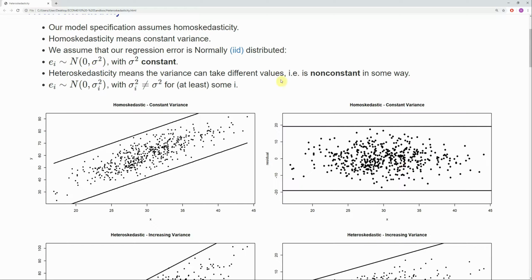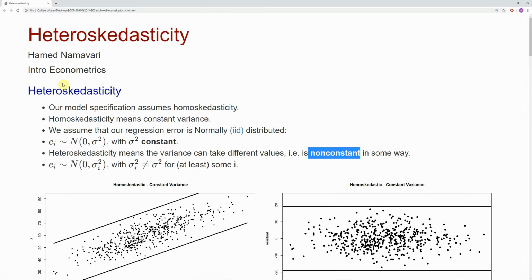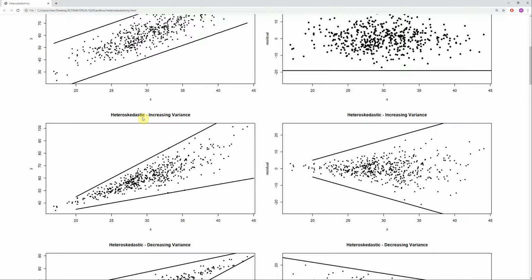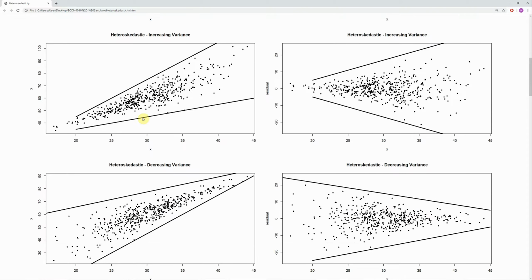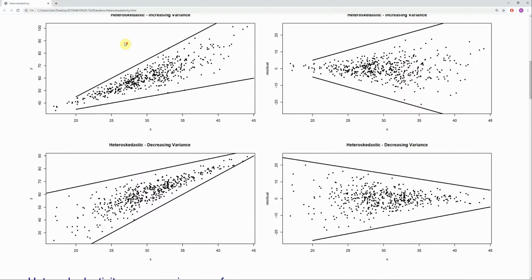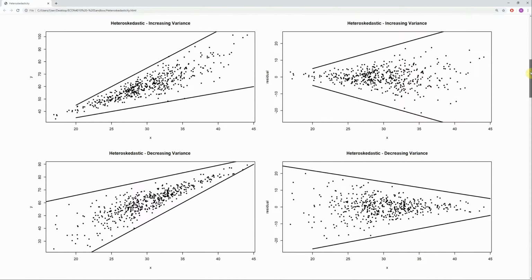But if we look at the non-constant case where we have heteroskedasticity, we can see these two cases. In the first one, we have the case of increasing variance. As x increases, the spread of our data is increasing too. Those two straight lines are not going to be parallel anymore. For the lower x values they're closer, and the gap gets wider as x increases. The same thing happens when we look at the residuals.